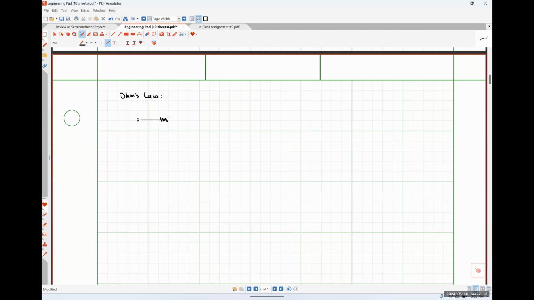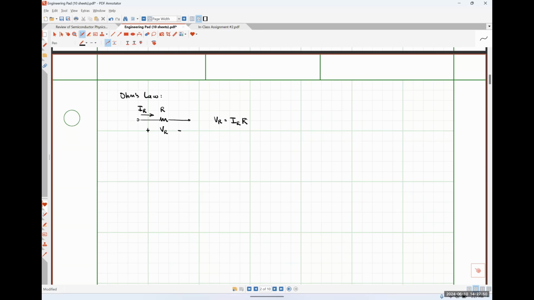So if we have some resistance R, like so, and there is a voltage drop across our resistor, let's call it VR, positive polarity on the left, negative polarity on the right, and we have some current flowing through our resistor, which we'll call IR, then Ohm's law tells us that the voltage drop across the resistor, VR, is equal to the current flowing through the resistor times the resistor value itself.